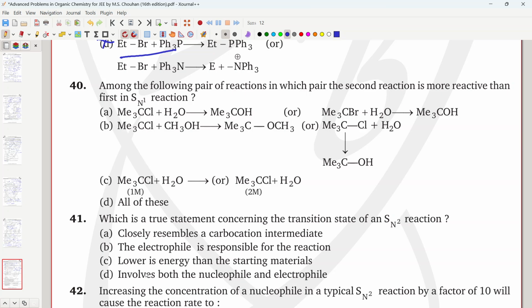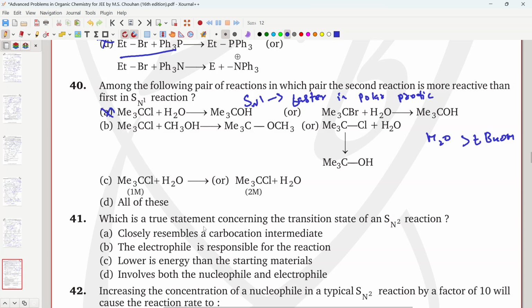Now, question number 40. Again, same type of questions. SN1 is faster in polar protic solvents, right? So H2O is greater than tBuOH. Not the case.